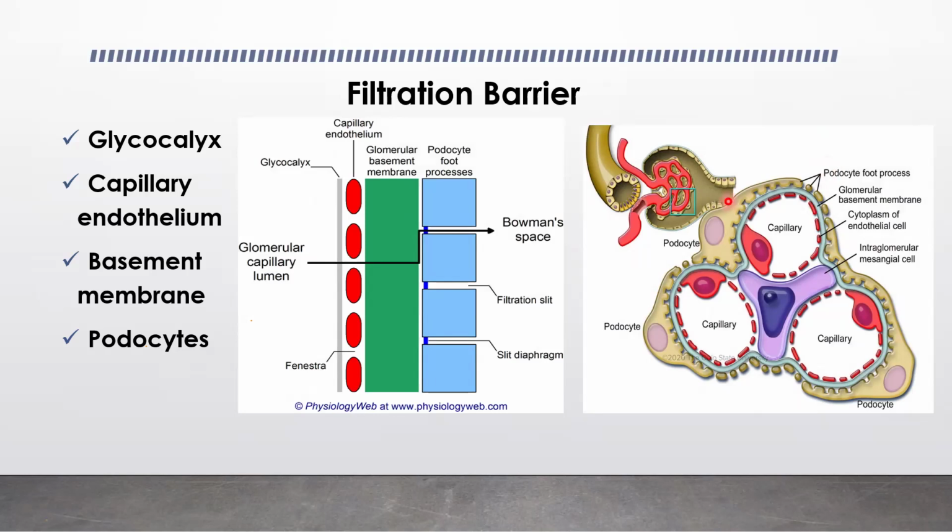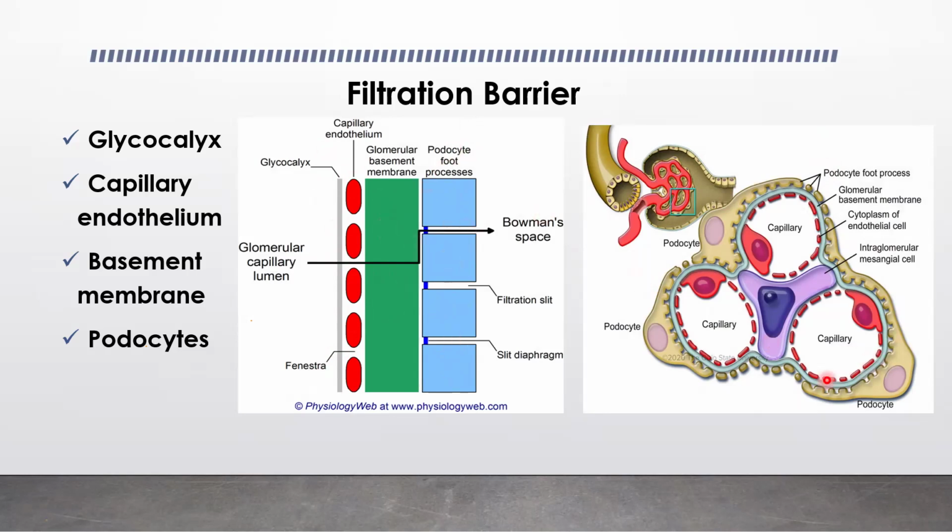But in between, before you go to the foot processes, I usually have a glycocalyx layer. From the glycocalyx layer, you go to the capillary endothelium. From the capillary endothelium, you go to the basement membrane. From the basement membrane, you go to the podocyte foot processes, which have slit diaphragms, as you can see there.